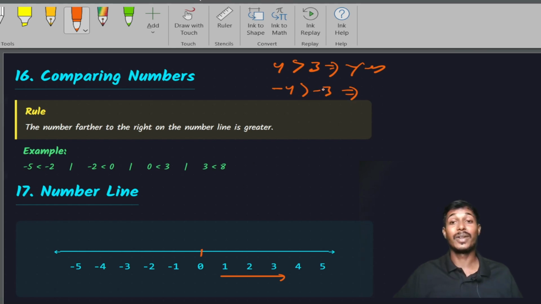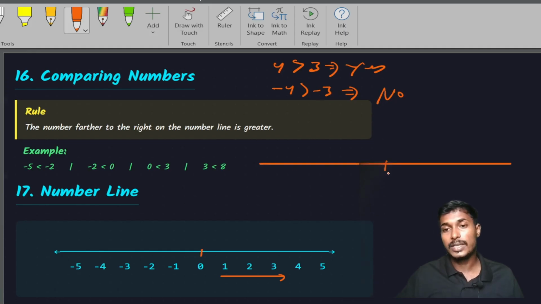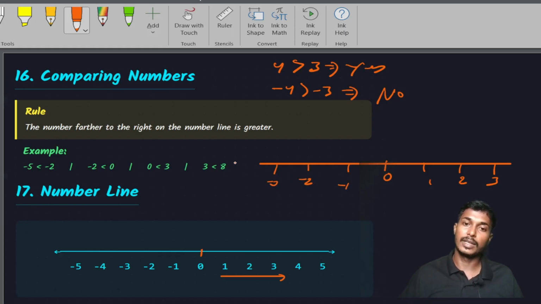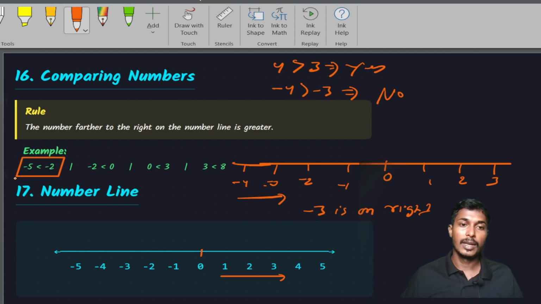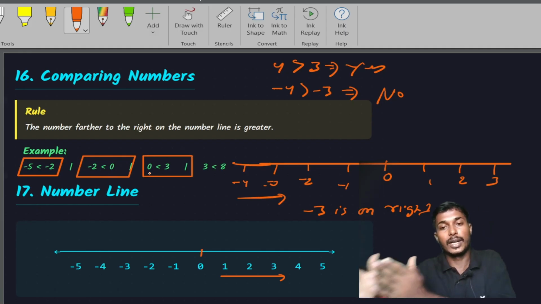Many of you will answer yes, but the answer is no. If I draw a number line, you can easily see this is 0, 1, 2, 3, -1, -2, -3, and this is -4. So you can see -3 is on the right, so it is greater than -4. I hope you are clear with this. Similarly, -2 is greater than -5, 0 is greater than -2, and 3 is greater than 0, because everything on the right will be greater.